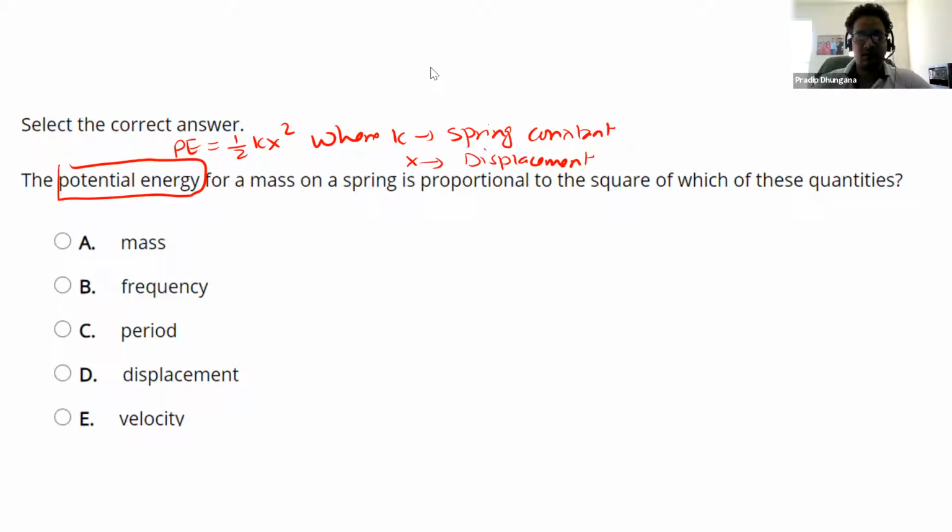So let me launch the poll. You can answer this question through the poll. Do your best. Even if you do it wrong, that's fine. I'm just collecting the information on how much you already know.